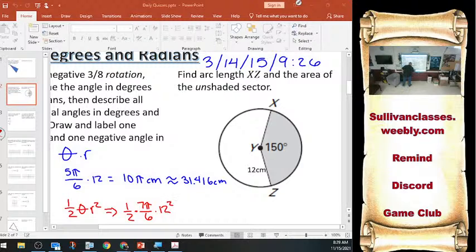Getting 84 pi. Right? 12 and 12 cancel, 12 and 7, yeah. And then whatever that decimal is. Again, you didn't have to have the decimal approximations on there at all.